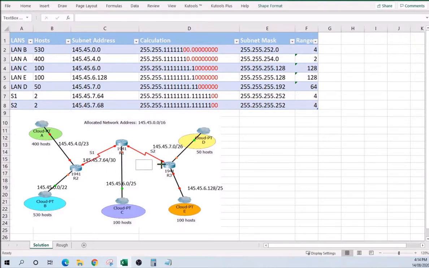It would be 145.45.7.68/30. Okay, so this is how we have completed the subnetting in this VLSM exercise.